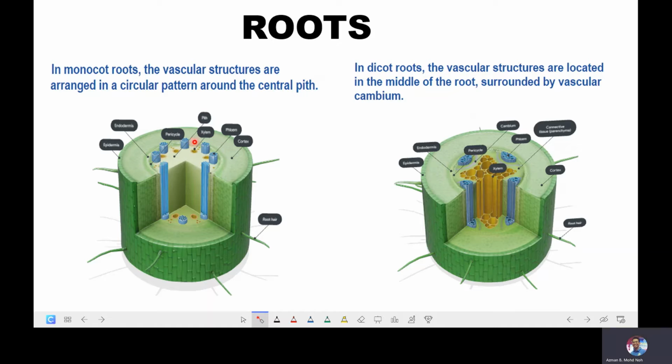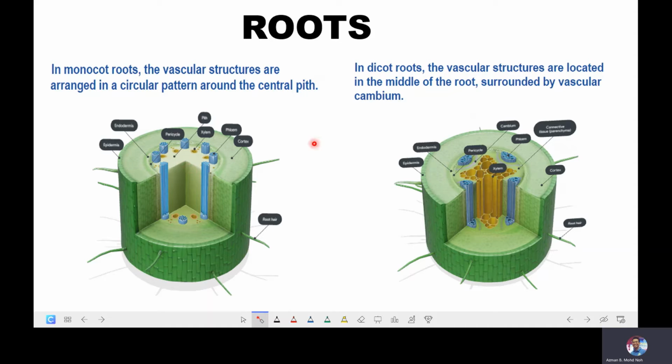These blue structures will be the phloem, and towards the middle will be the xylem. In the center region will be the pith, the umpulur. Again, it consists of parenchyma tissue.